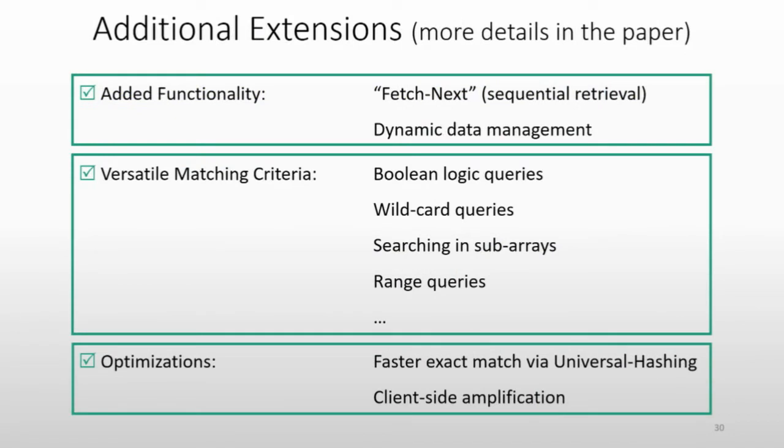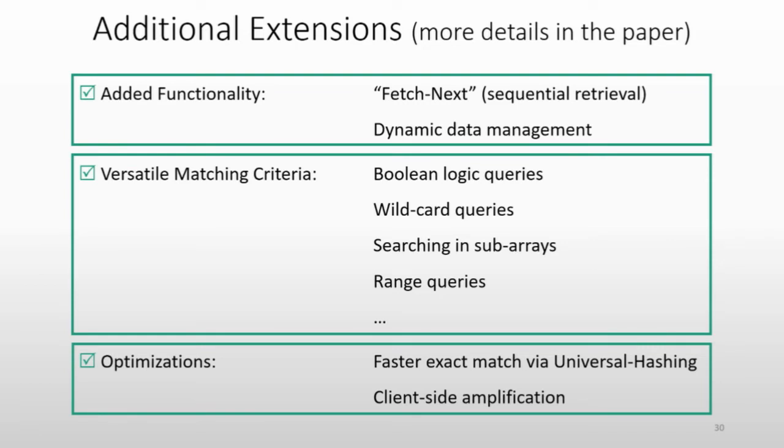In the article itself, we also presented many additional extensions. For example, added functionality of how we can retrieve additional elements except the first element. How we can do dynamic data management, for example, doing updates, deletes, and inserts. We presented the ability to plug in versatile matching criteria.